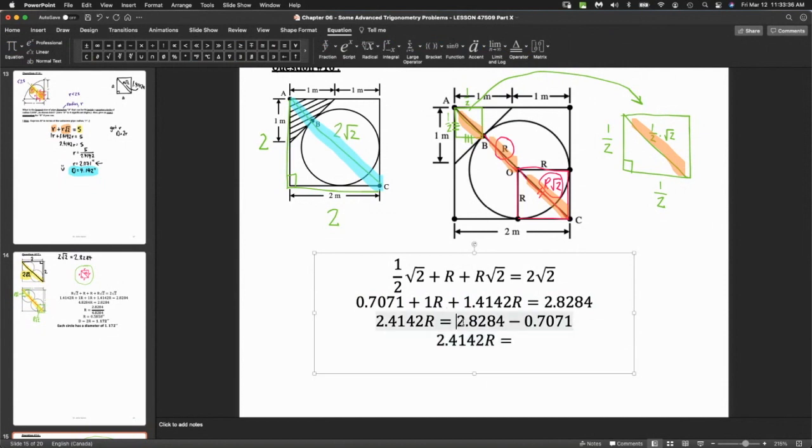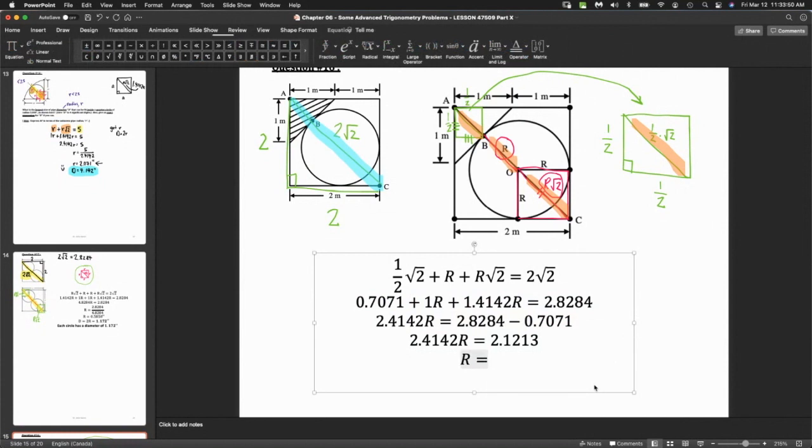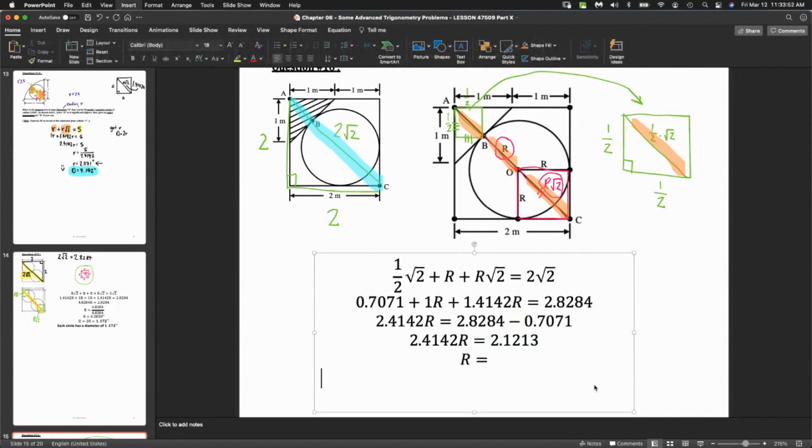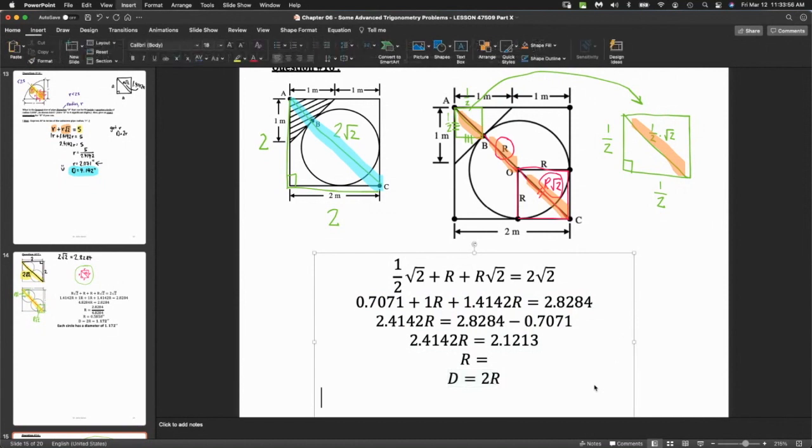Can someone subtract those? I know that's ridiculous for me to ask, but just please do it so we can move on here. 2.1213, is that correct? Please confirm. Thank you.